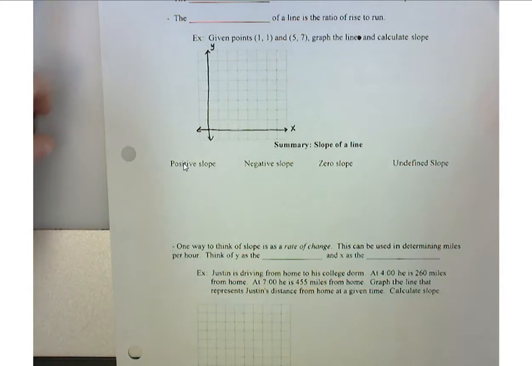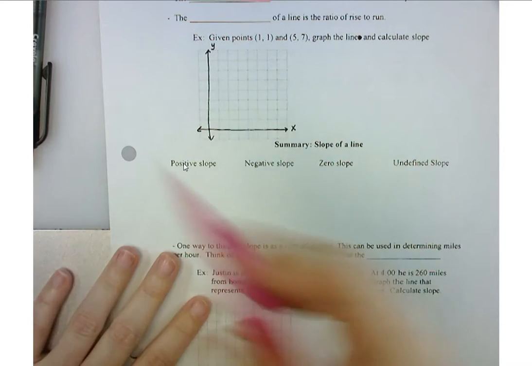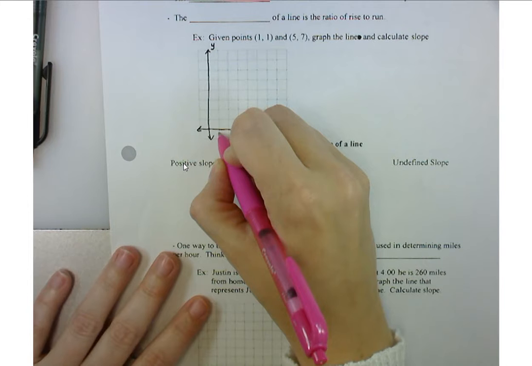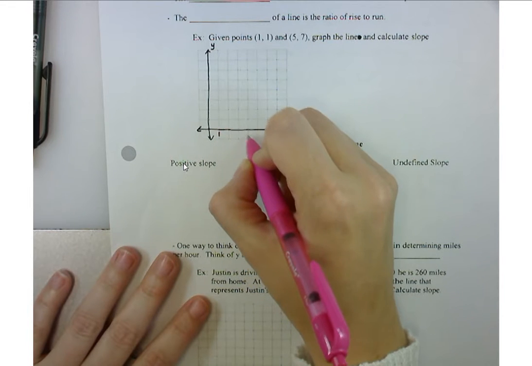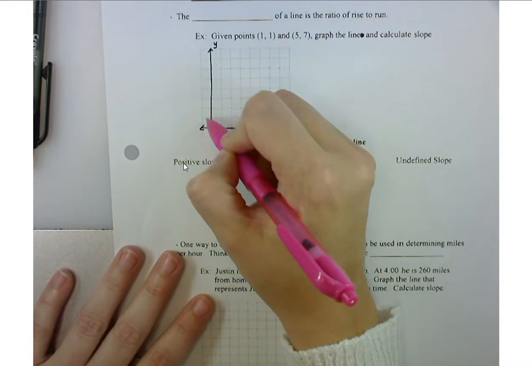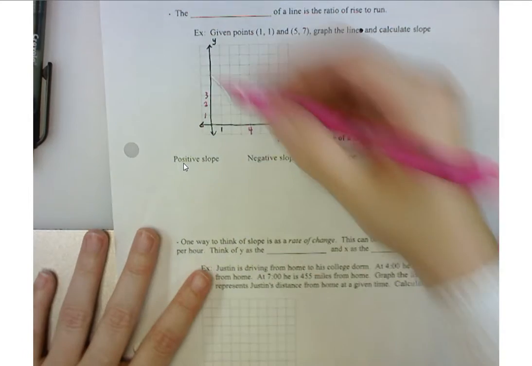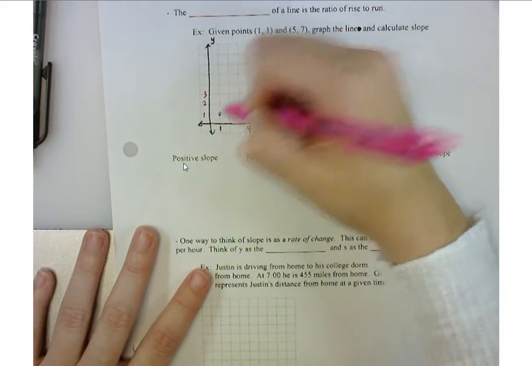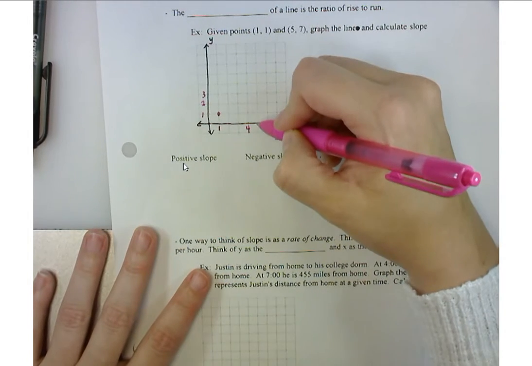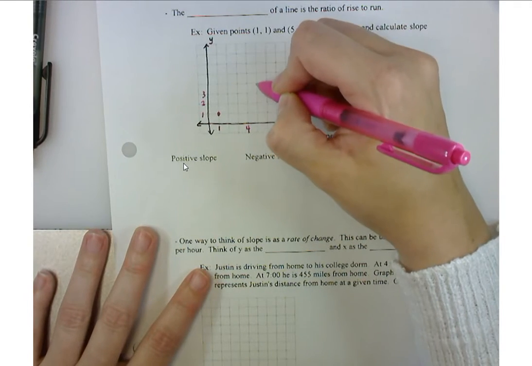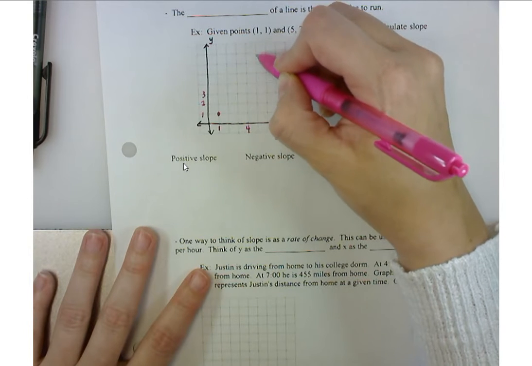So our points are (1, 1). And I'm just going to label this as my 1, 2, 3, 4. Okay, at least label a few just so we know what scale you're using. So here's your (1, 1). And then 5, 3, 4, 5, 6, 7.